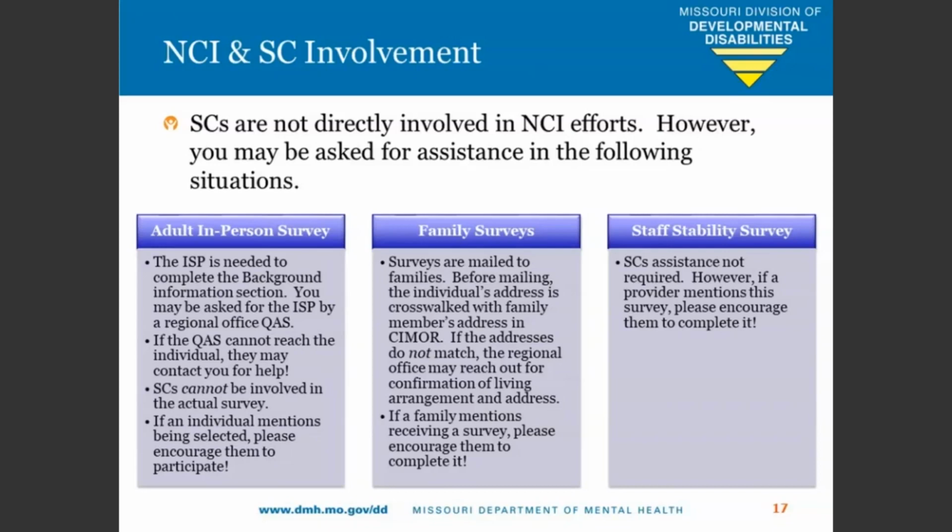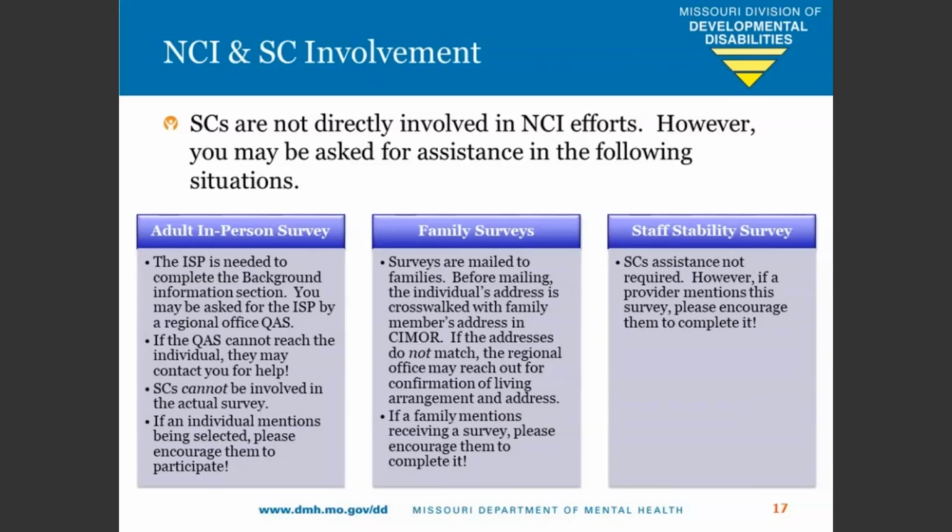The family surveys are sent to family members of individuals receiving services, and to make sure that the individual is living in the family home, which is a requirement, I go into Similar and I look at the individual's address and compare it to the family member's address under consumer resources.